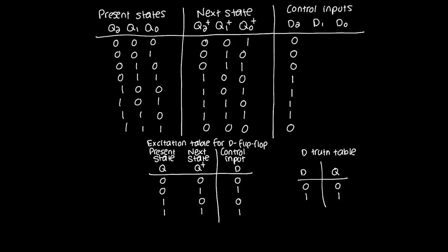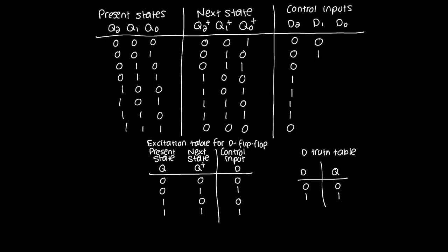In order to have present state 0 and next state 0, that's this row over here, so that's a 0. If I have a 0 and I want a 1, that's this row over here. That's a 1.